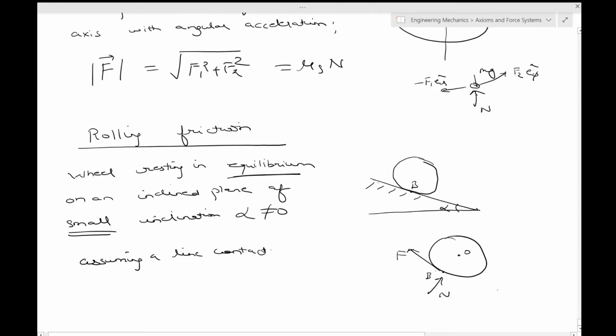So this direction can be I hat, this direction can be J hat. And obviously the weight of it will act at the center of mass. This angle will also be alpha.